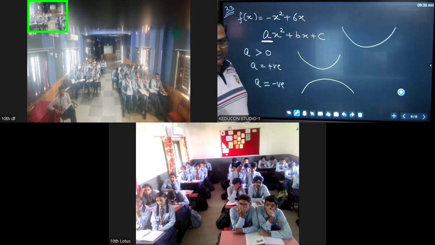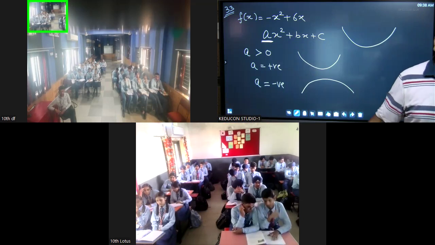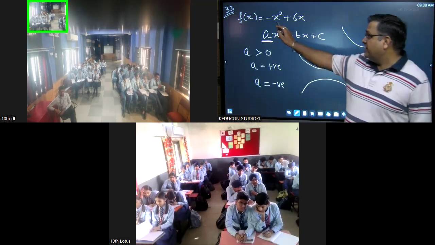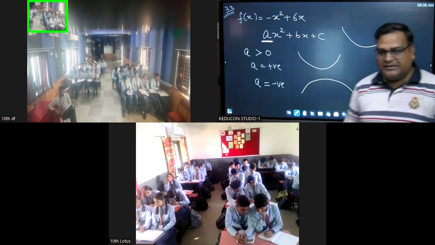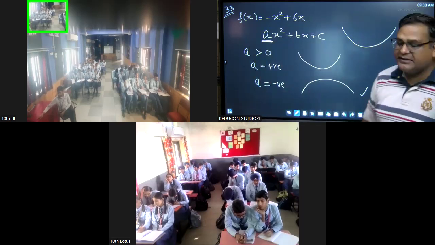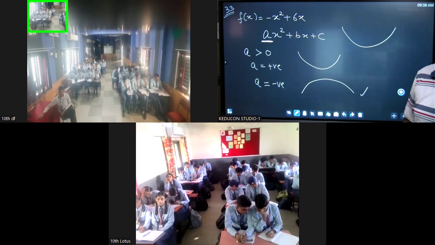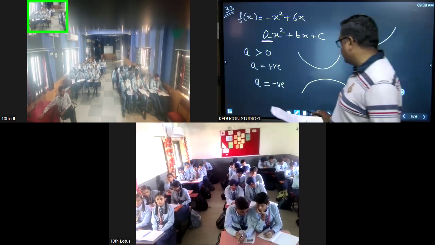Is this clear? So please note down this point. If the value of a is less than 0, if a is negative, therefore the shape of the graph will be this. Is it okay? So now we have to do the question according to this shape.